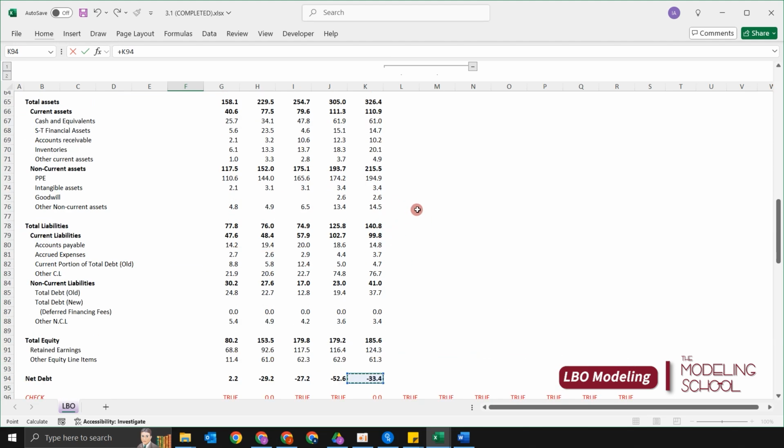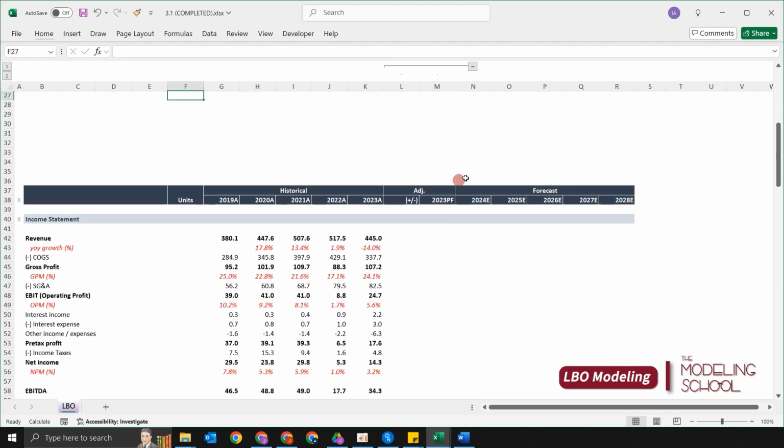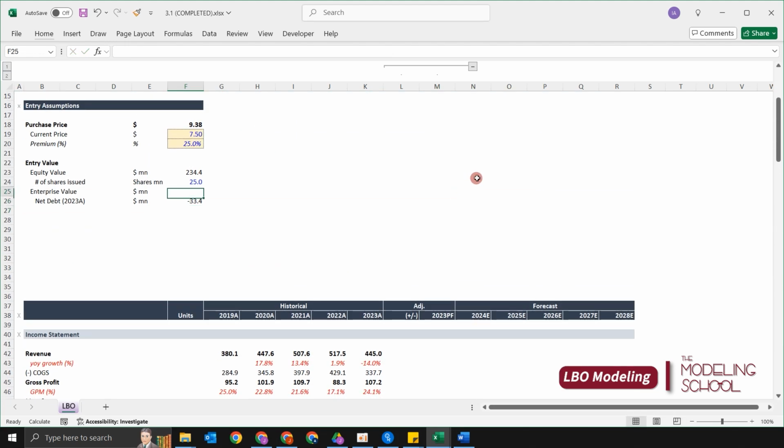So it's a negative net debt. The company has more cash and short-term financial assets than debt. So it's going to decrease enterprise value.